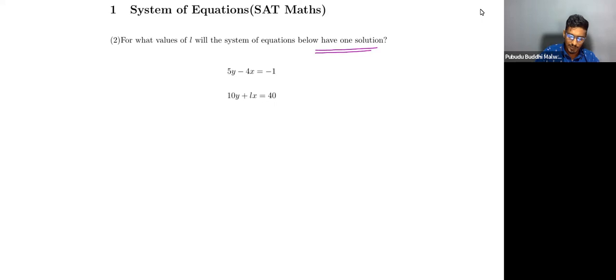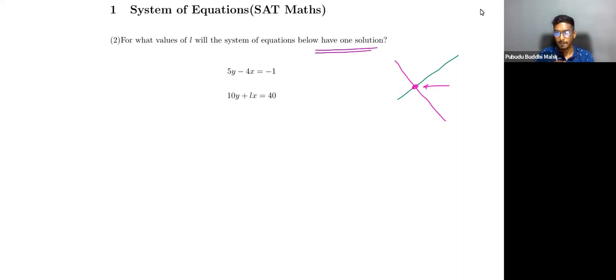So basically we are talking about a situation like this. One intersection point like this. That's the solution.